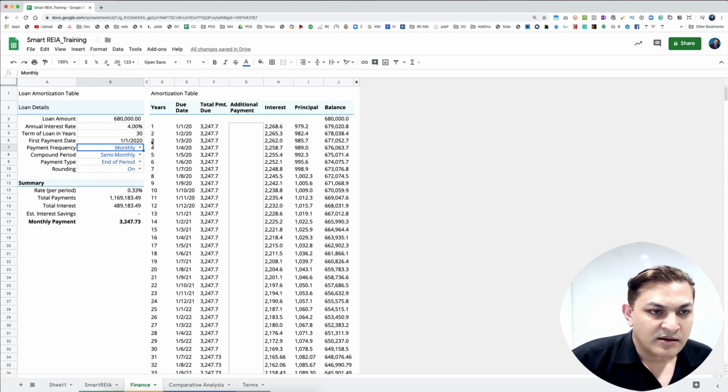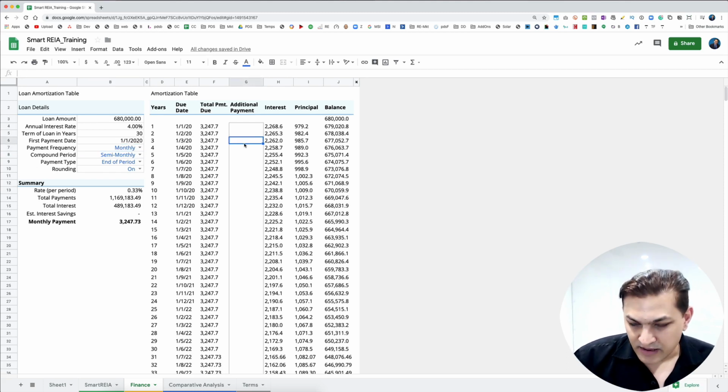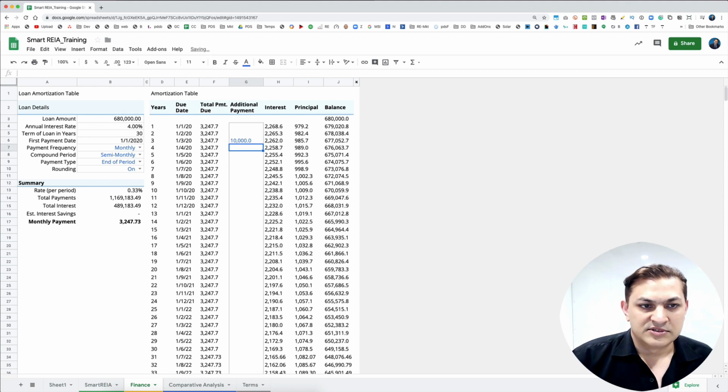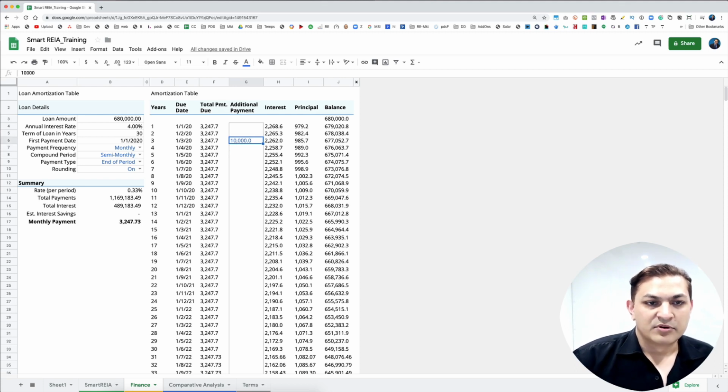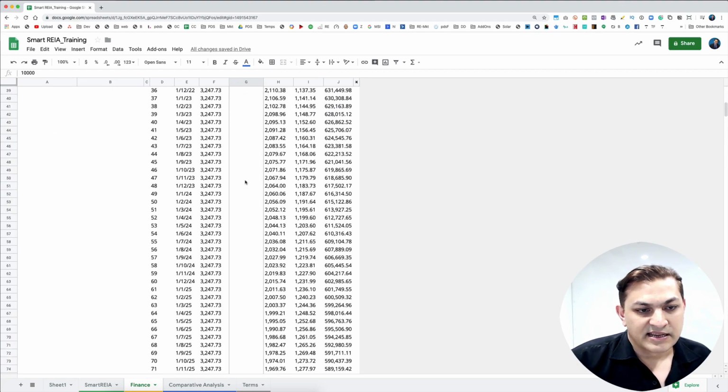Now I know that in the third month this year, I want to make an extra 10 grand payment towards my loan. So if I come in and put in that value of 10,000 against my loan, you give it a few seconds, it does its calculations.